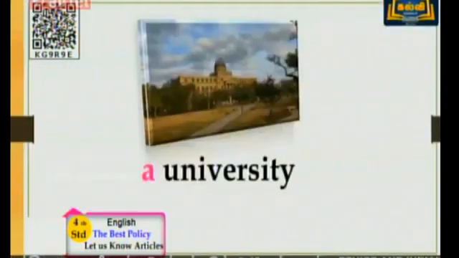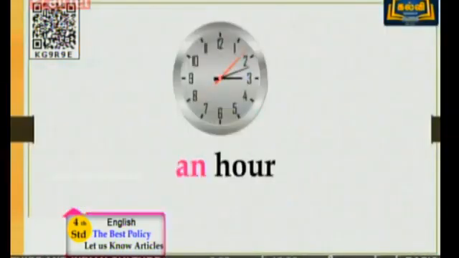Even though the spelling is U-N-I-V-E-R-S-I-T-Y, even though the spelling starts with U, then why are we using a before the word university? And even though the spelling is hour, H-O-U-R, it sounds like the H letter, then why are we using an? Can you make out the difference?